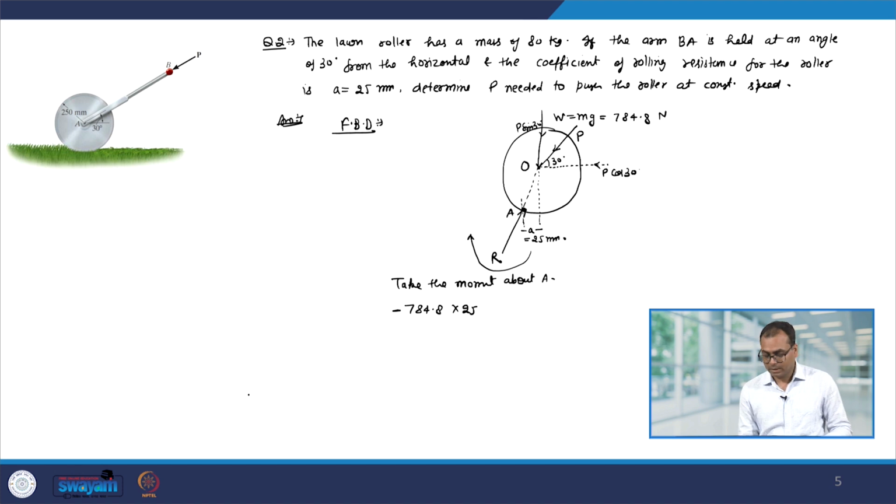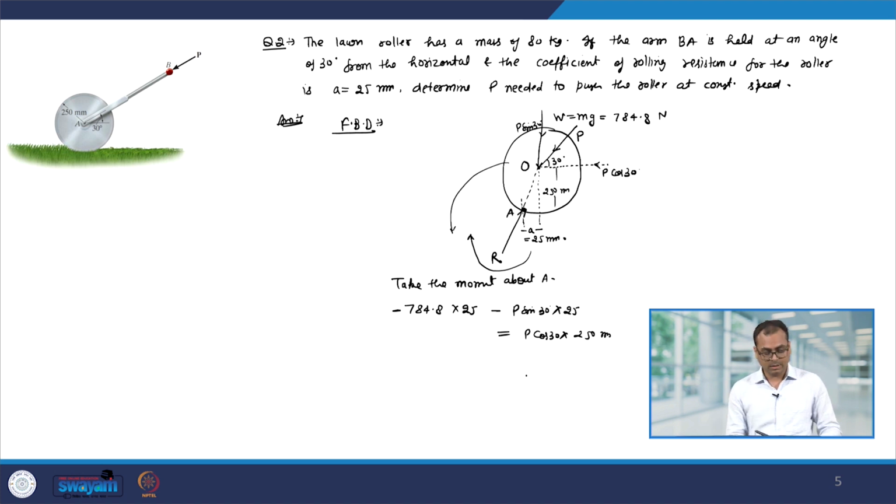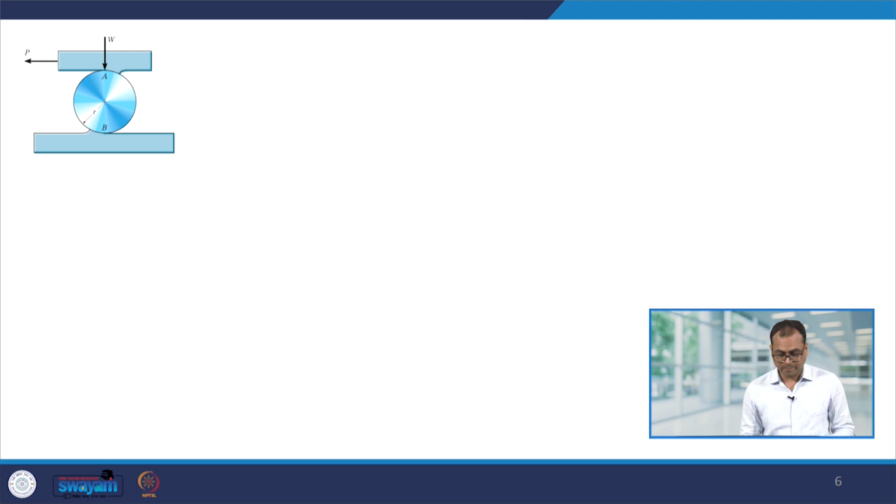So, therefore, it will be negative, minus P sin 30 into 25. So, again this force P also has a tendency to rotate in the clockwise direction. So, that will be equal to P cos 30 into the radius of the roller, which is 250 mm, and this will be positive because that has a tendency to rotate in the anti-clockwise direction, and this gives you P equal to 96.7 Newton.